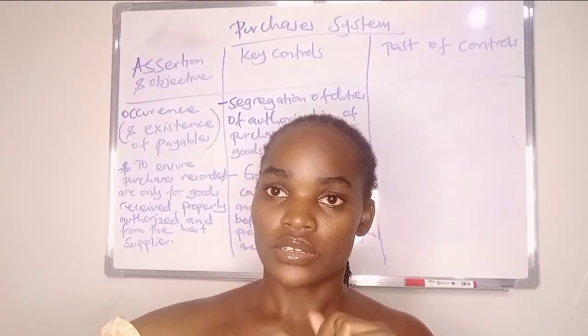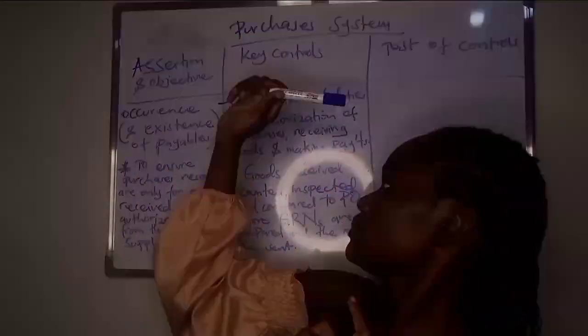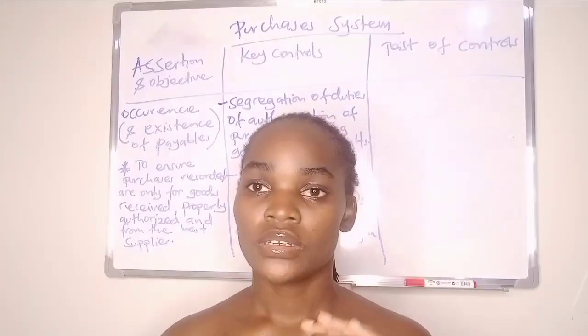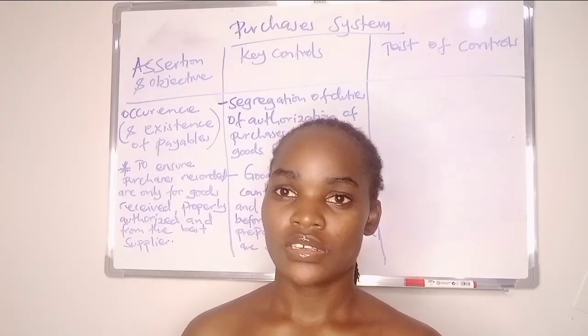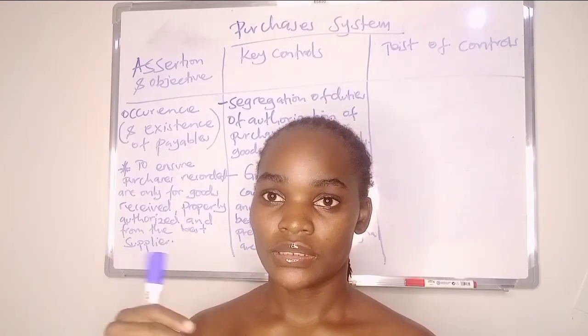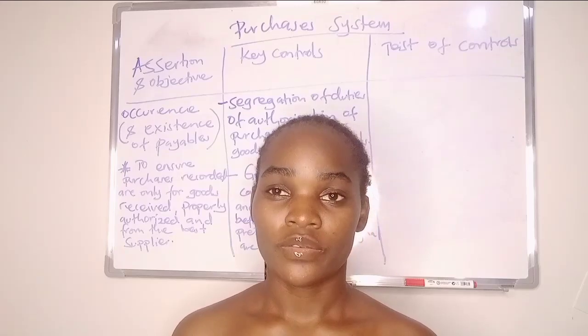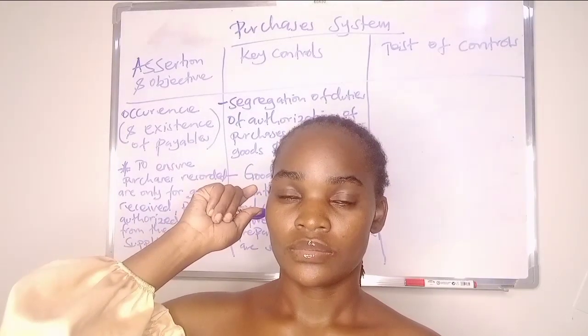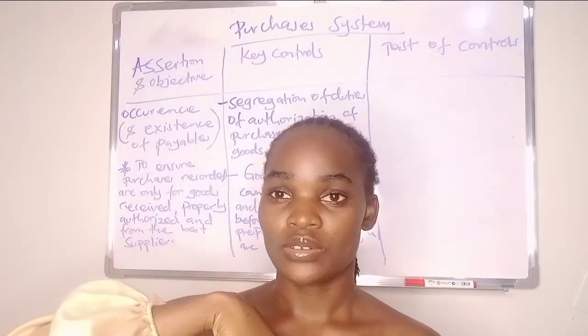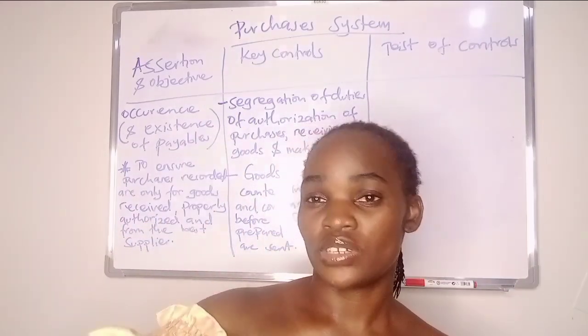The first control is segregation of duties. Anywhere you see an occurrence question, one of the controls that can be used is segregation of duties. It is a common answer, and it's going to be in every transaction.